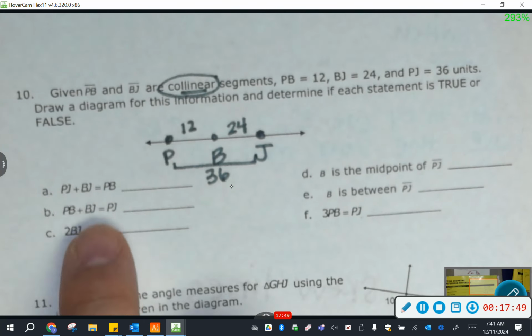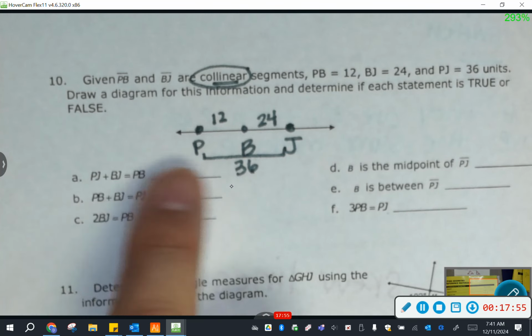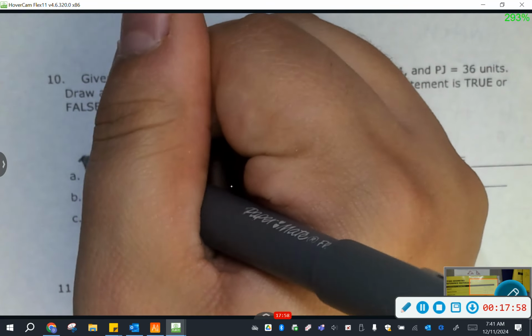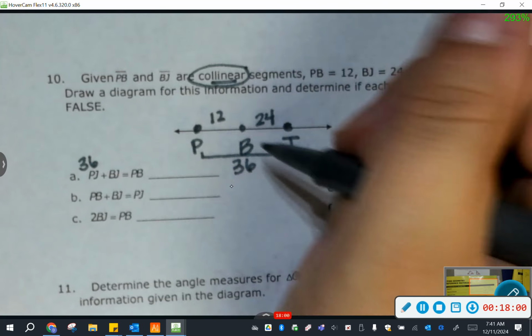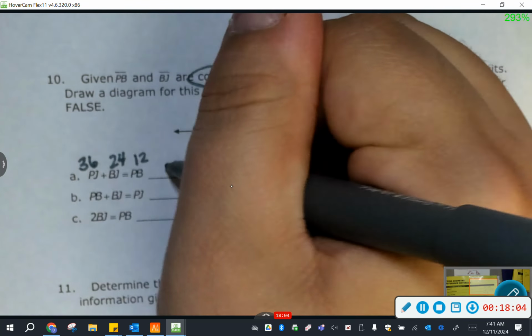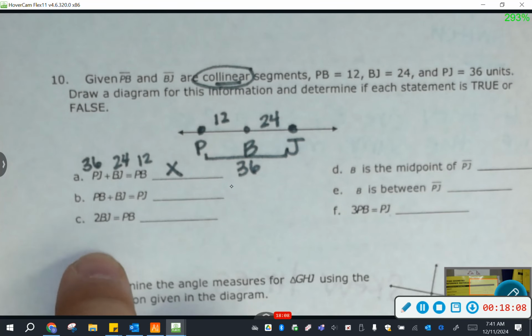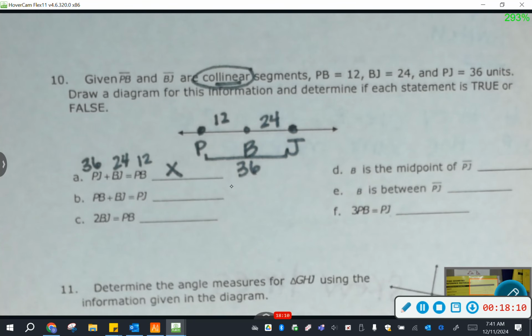And then you're just going to use these numbers to see if it's true. Is 12 PJ? What's PJ? Is 36 plus 4 equal 12? No. So you just plug in these numbers and see which one works. Okay?